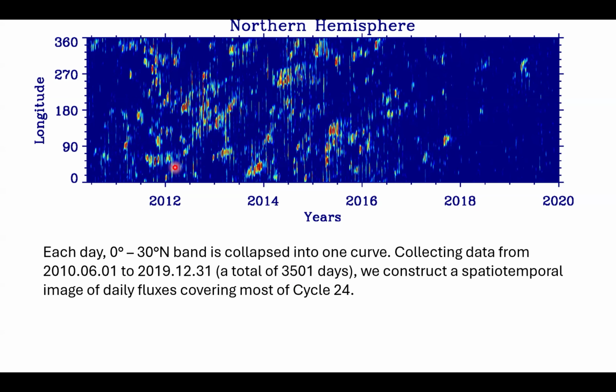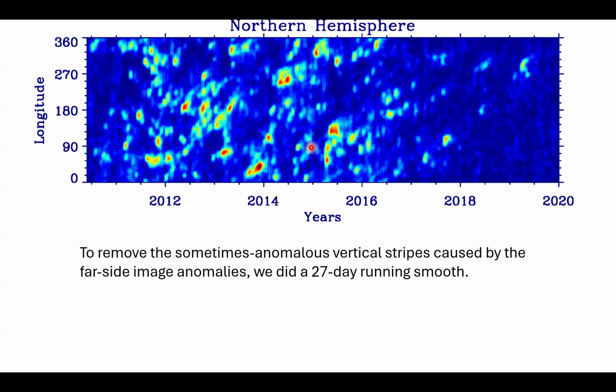All the 1,000 active regions are on this plot, and you are able to see some patterns. This is not very satisfactory because we have vertical stripes due to the imperfect far side imaging. So we want to get rid of that, and we do a 27-day running smooth.